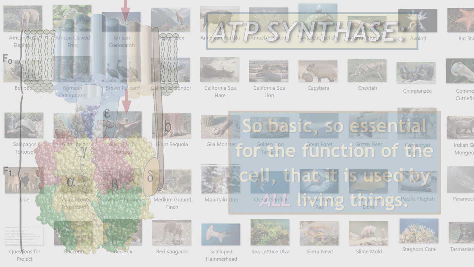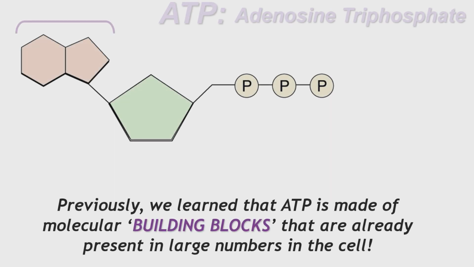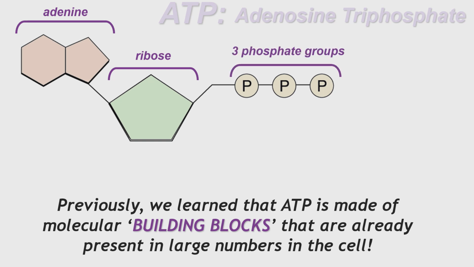Now, previously, we learned that ATP is made of molecular building blocks that are already present in large numbers in the cell. Adenine, ribose, phosphate groups.